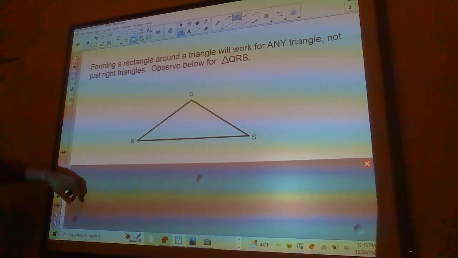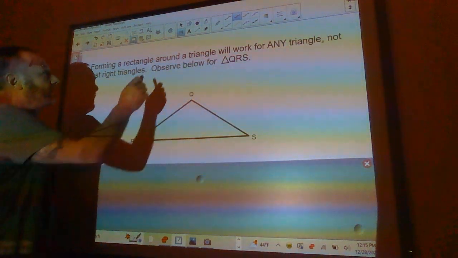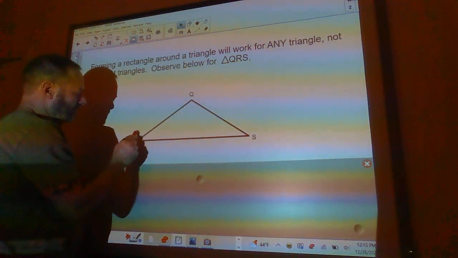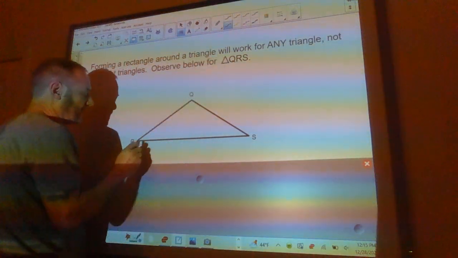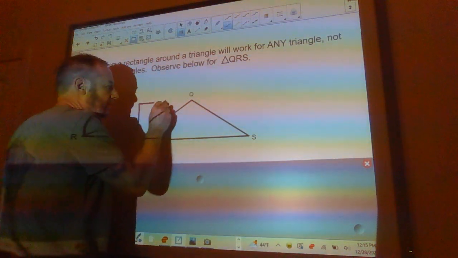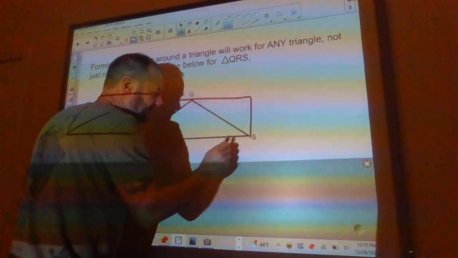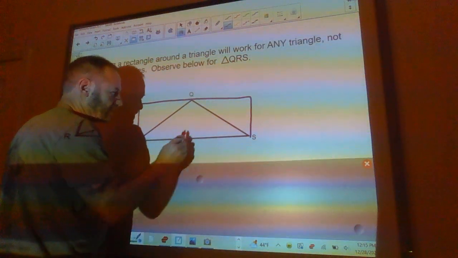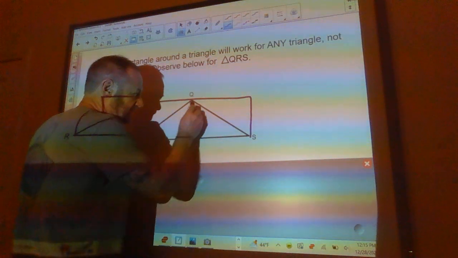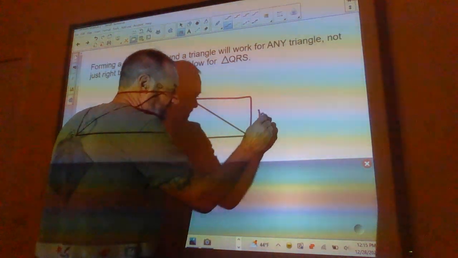If I take triangle QRS, what I can do is I can rectangulate it like this. Okay, here's my base. Okay, here's my height right here, which is the same as this right here.